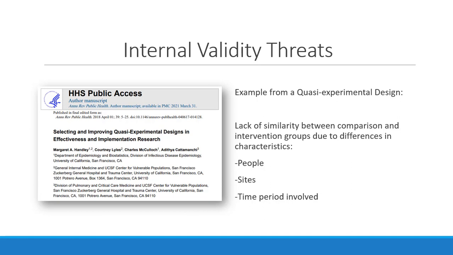So there's other models that can be used, but that potentially creates internal validity threats. So for example, with a quasi-experimental study, there can be a lack of similarity between comparison and intervention groups due to differences in characteristics.